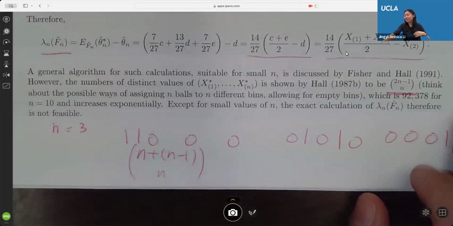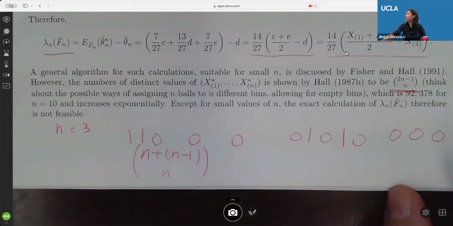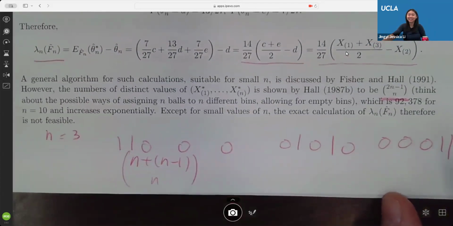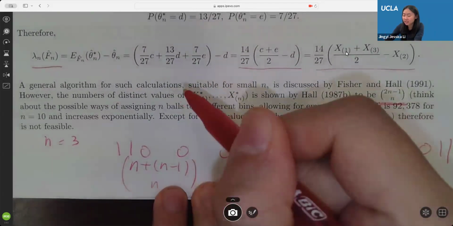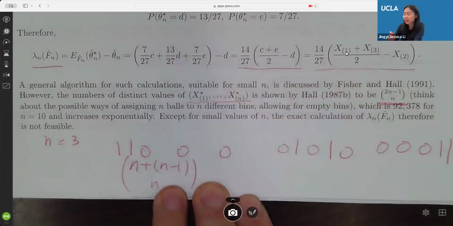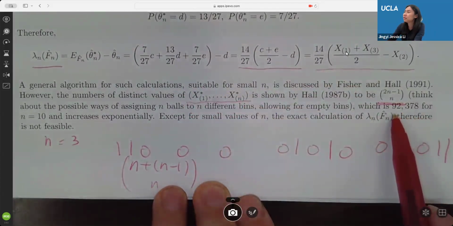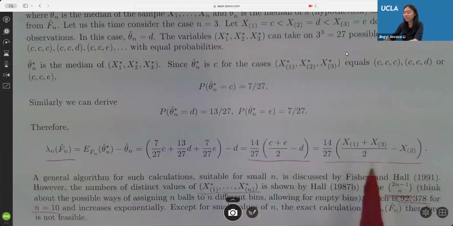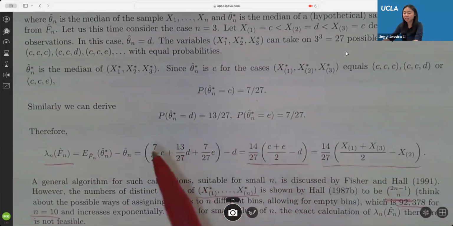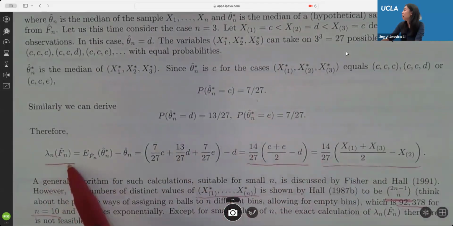I think combinatorics is very fun, because we think about the other possibilities. But the distinct sets of hypothetical samples can grow large. For example, for n equals 10, the total is about 92K. So when your sample size is large, enumeration like what we did here, getting the exact distribution of the statistic, is impossible.